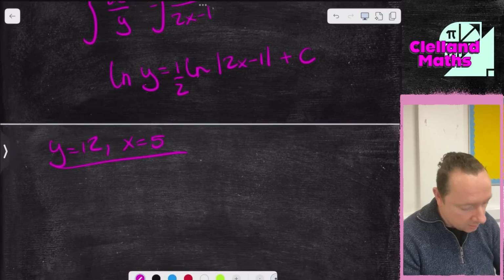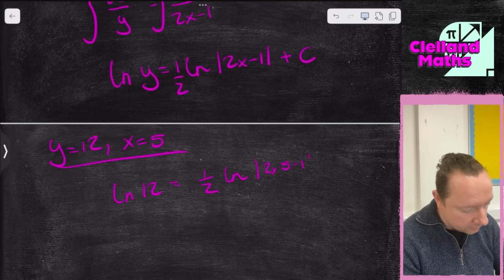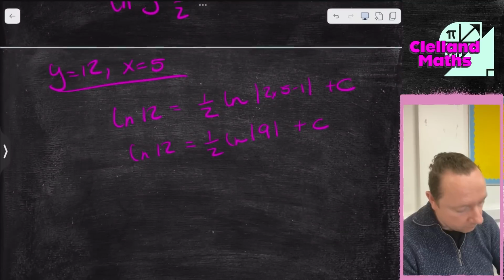So that means I've got log 12 equals a half log of 2 times 5 minus 1, plus c. So log 12 equals a half of log 9, 2 fives is 10 minus 1 is 9, plus c.